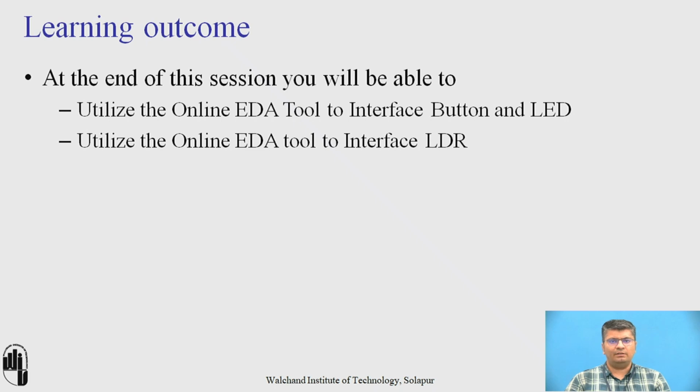Earlier we completed the use of the online EDA tool to interface a button and LED. In this session we'll utilize that for interfacing the LDR. So let's go ahead and check it out.